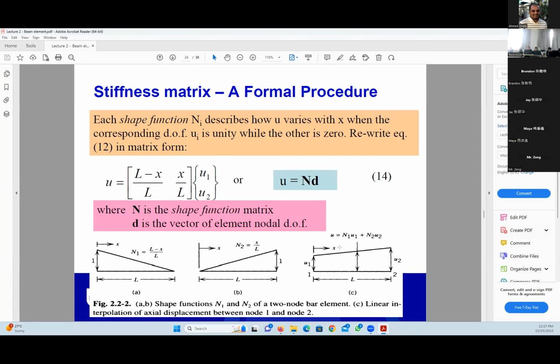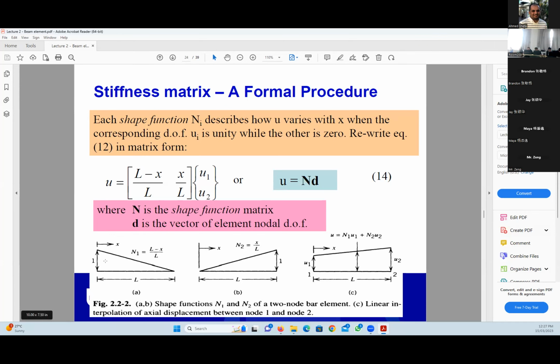In between, if we have u1 and u2, using the polynomial interpolation function, u will be N1 u1 plus N2 u2. So the displacement at any point on the element will be N1 u1 plus N2 u2.